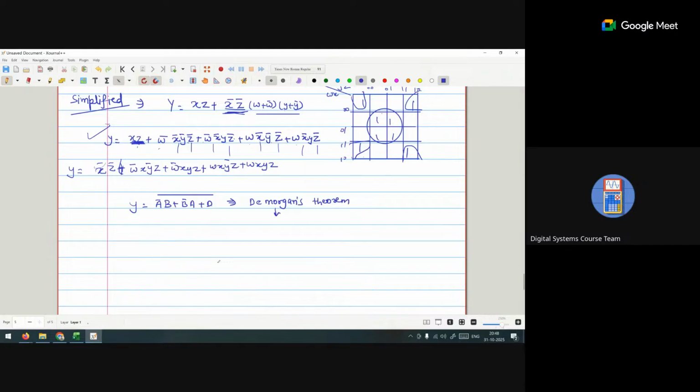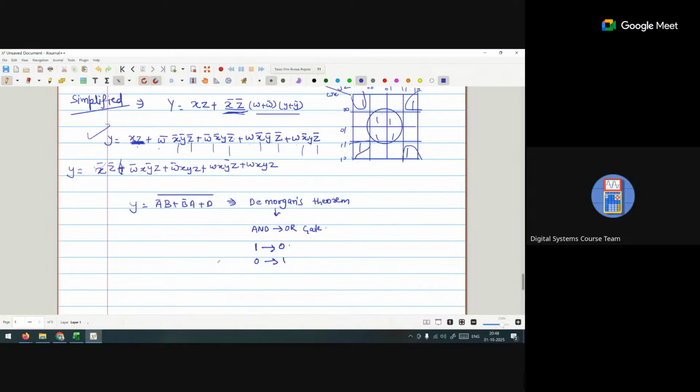What the De Morgan theorem says: AND gate will be OR gate. 1 will be converted as a 0, or 0 will be converted as a 1.